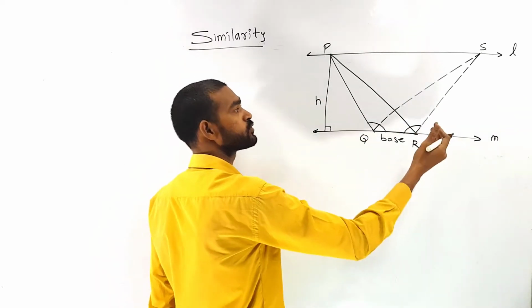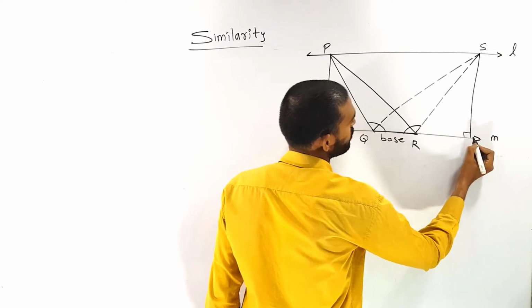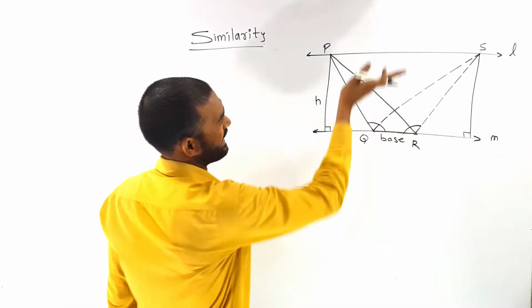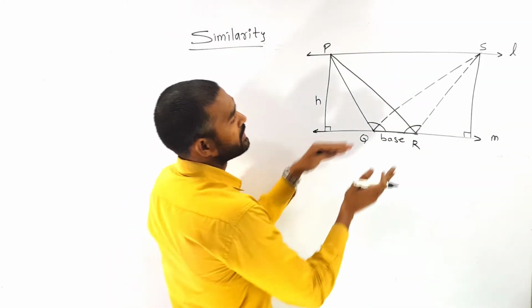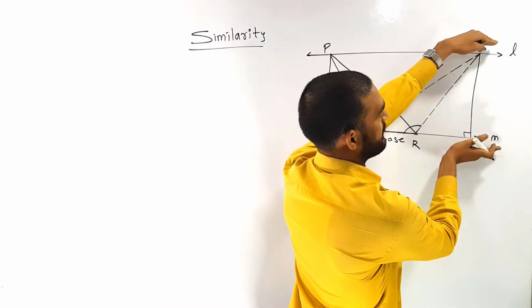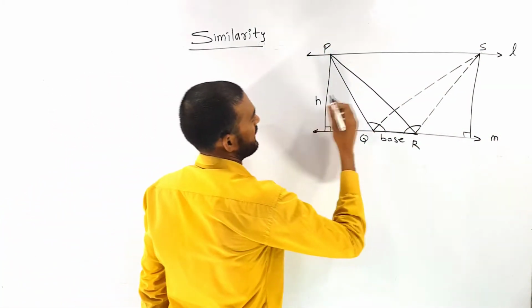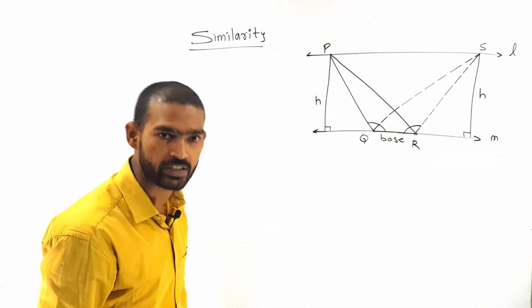So this will also have its height outside. Both the triangles are inside the two parallel lines. So we know the distance between parallel lines is always constant. Therefore, their heights are also equal to each other.